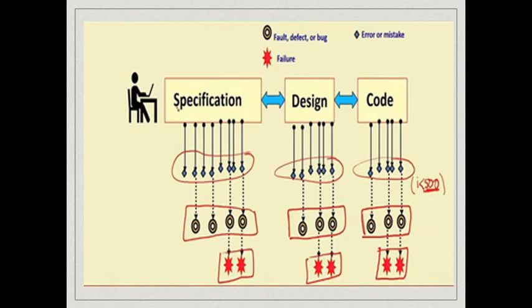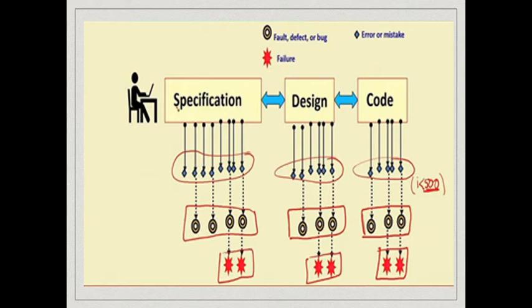For example, let us say the programmer was writing the code i < 50, and by mistake or error wrote i < 500. But in the program there is no way that i can get a value more than 50. Therefore, even though he made a mistake or an error, this does not become a fault or a bug.